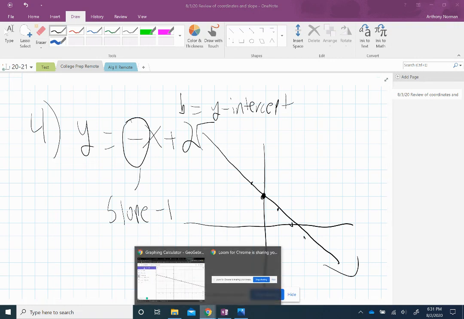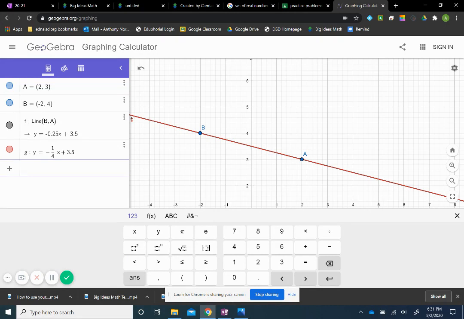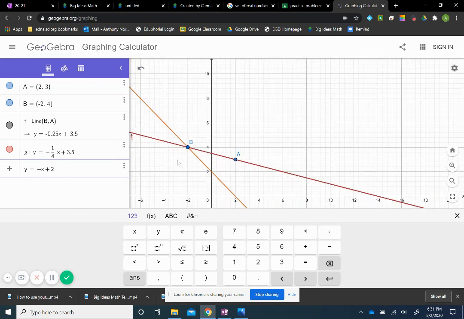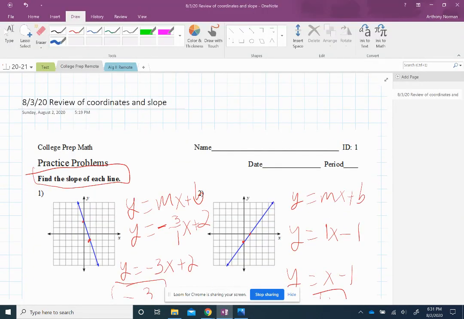To show you that that's a pretty good approximation, we'll type in the equation y equals negative x plus 2. And that looks just like mine, except it's straighter and neater and prettier and orange. But the math checks out.